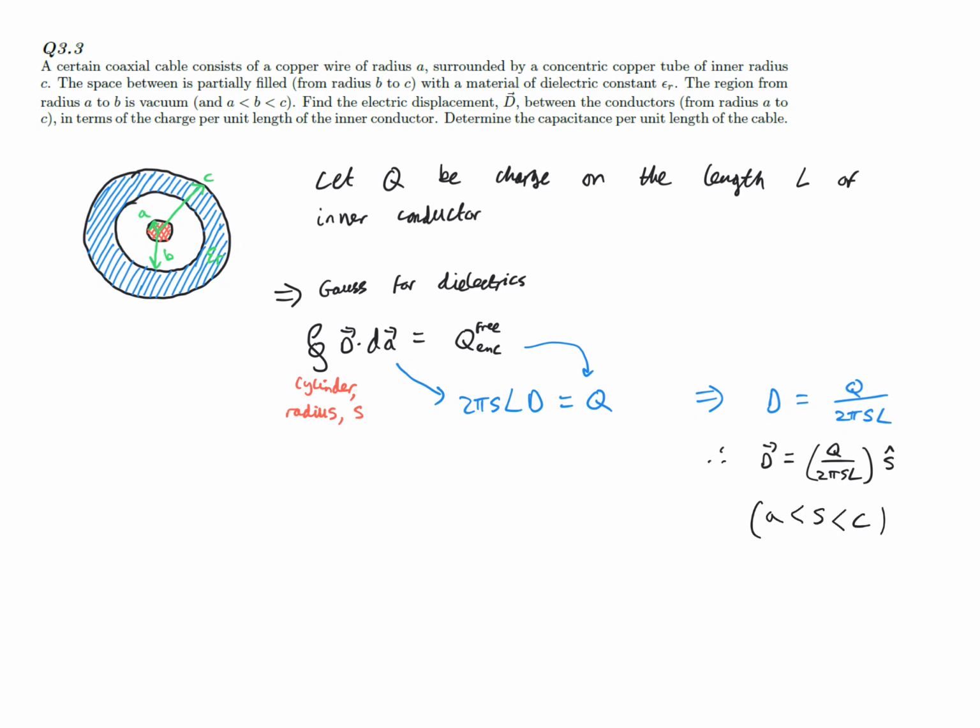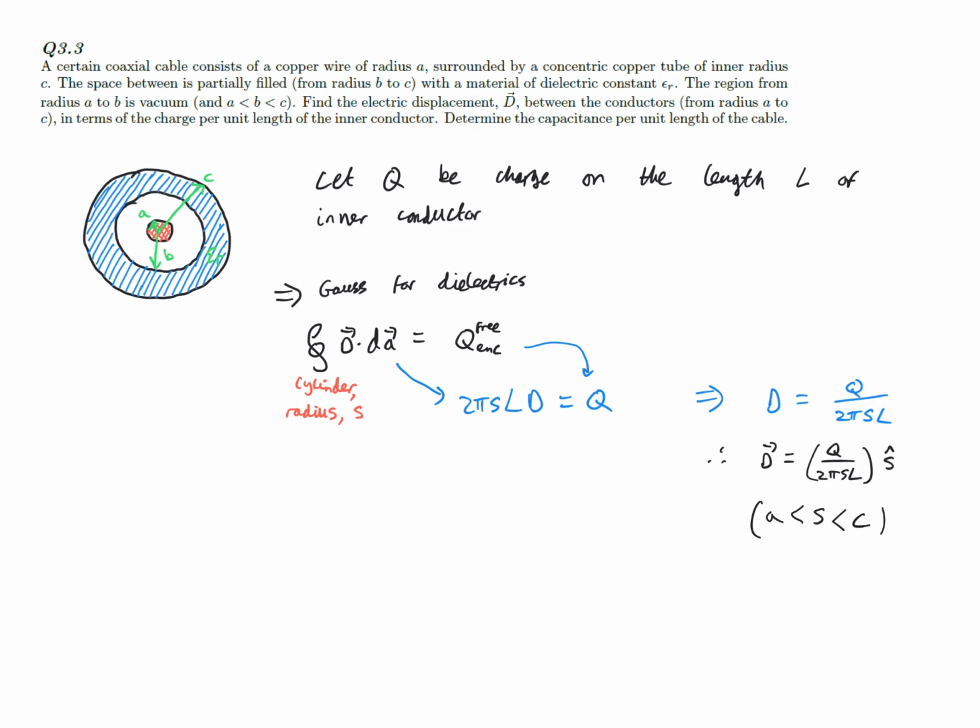However, the radius should also be less than C, the radius of the outer conductor. If s is greater than C, we'd also have to take into account the charge on the outer conductor, which we don't know. So this result is valid in the regime of radius between A and C.